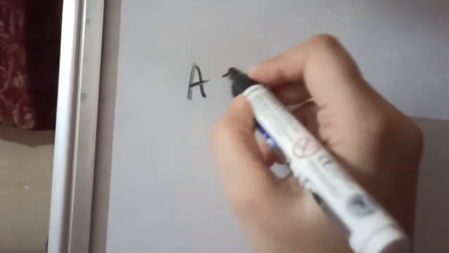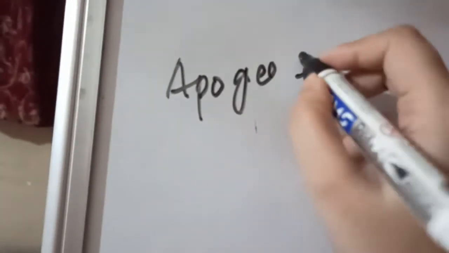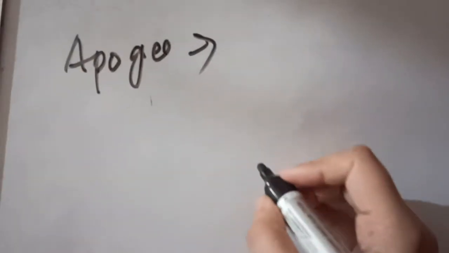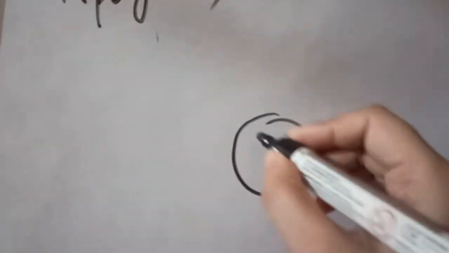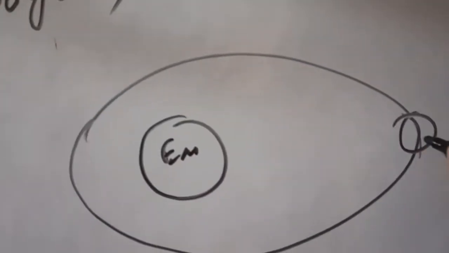Next is the apogee. Let me draw and explain this one. This is our earth and the moon orbits around our earth.